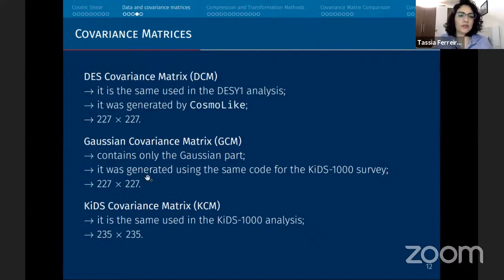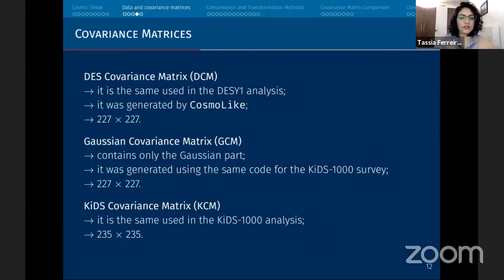The second covariance matrix is what we're calling the Gaussian covariance matrix. This was generated again analytically, but using the code for the KiDS-1000, KiDS-450 survey, who use the same code for computing their covariance matrices. It has the same functionality as CosmoLike, of course, but we wanted to accentuate the differences between these two matrices, because these are the two matrices that we're going to be comparing.